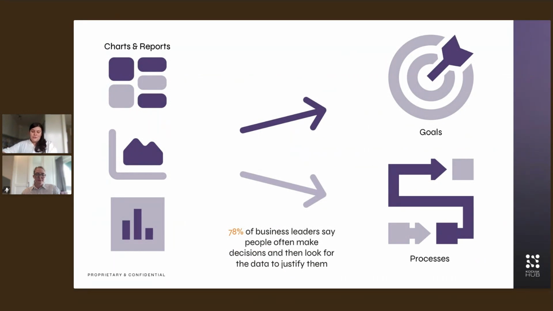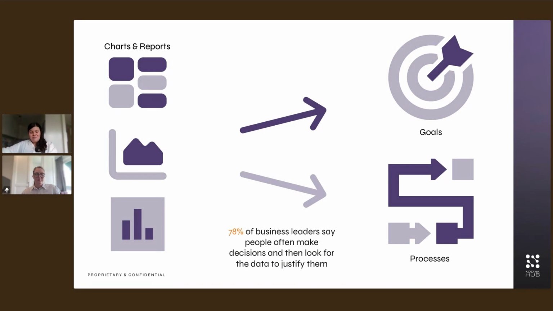And this is very true because in this Oracle report, they actually said that 78% of business leaders often make the decision and they check the data just to justify those decisions. And that's not a very reliable way of working. You might find yourself making a decision that is not justifiable by the data that you have.